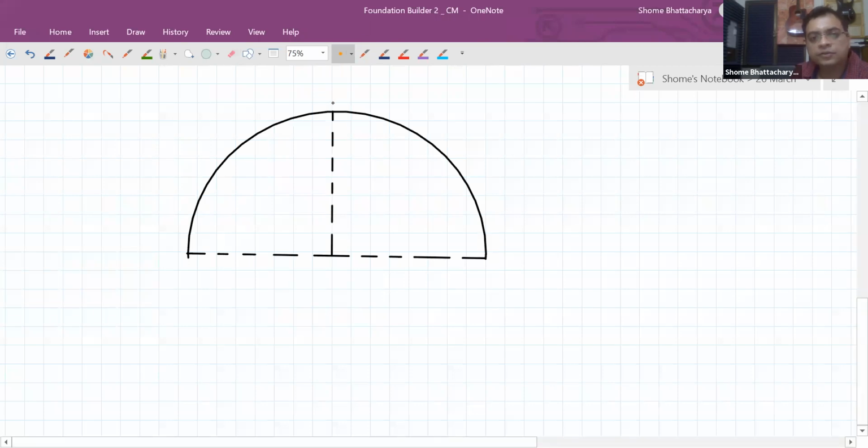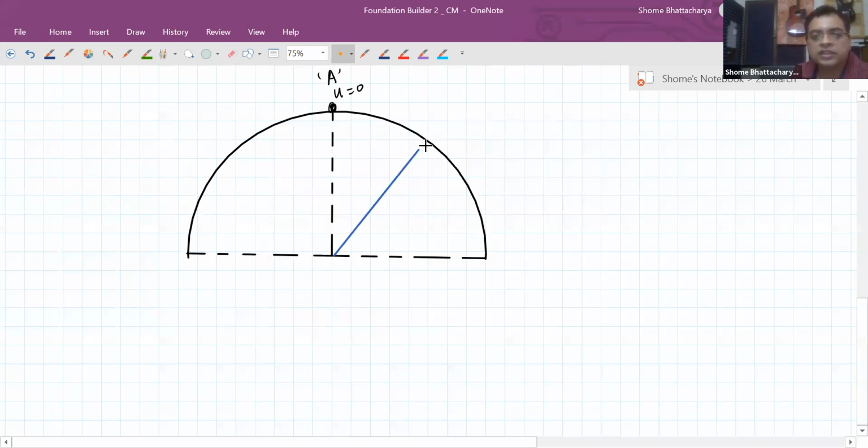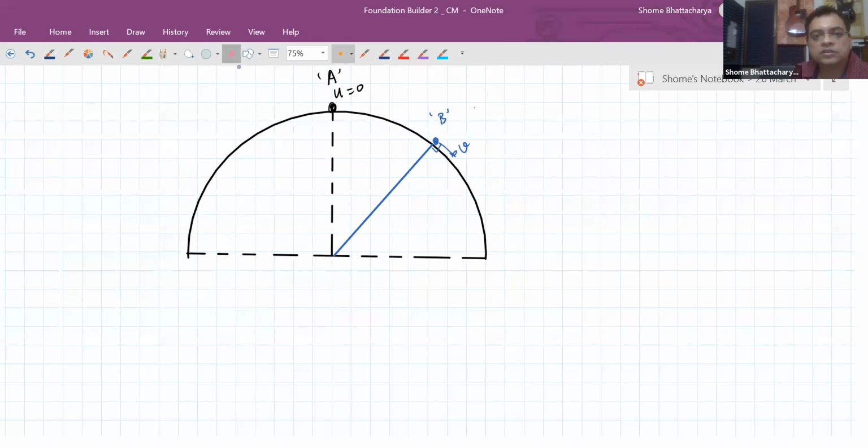So the particle started from this position A, its speed was 0, and by the time it's come to this other position, let's say B, which is at angular displacement of theta, by the time it's here, it's got this tangential speed V, because it has lost gravitational potential energy and gained kinetic energy.